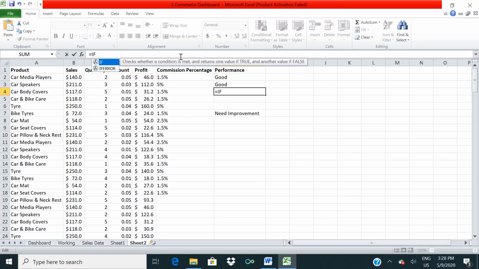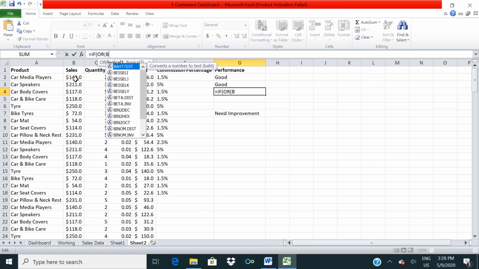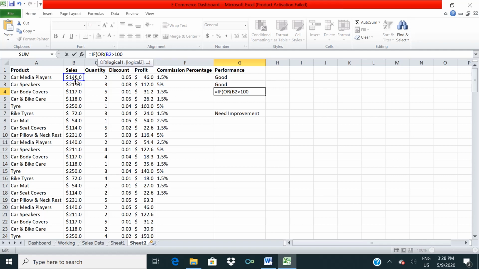So it will be IF, and I will be using the OR operation because it is either of these two values. So this is the B2 cell. So if OR B2 greater than 100, or E2 greater than 100, then, as I told already, the IF function takes three arguments.